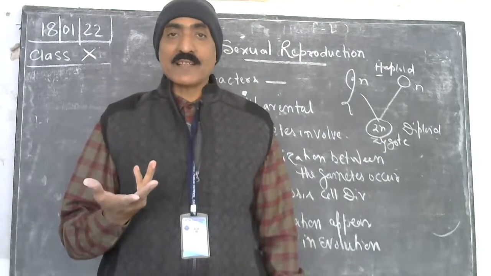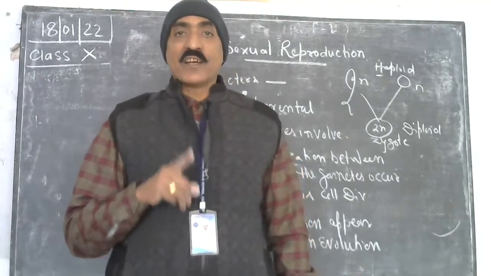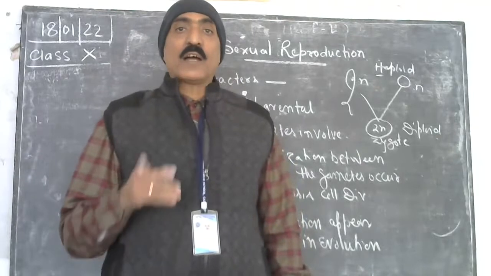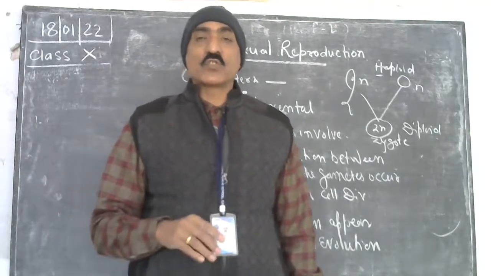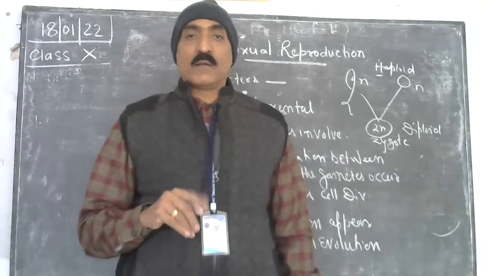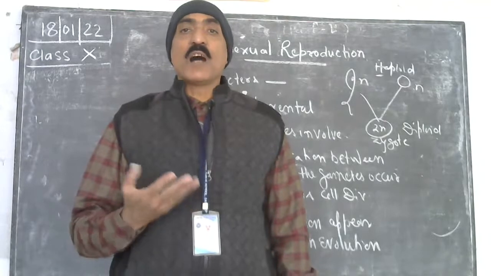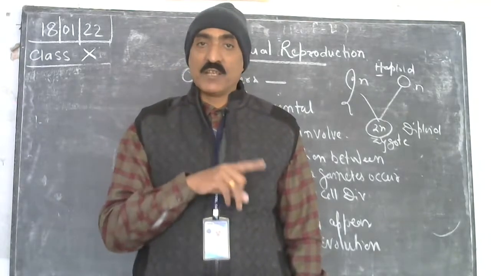Why is it called reductional division? Because after the division, the cell reduces its number of chromosomes. After meiosis, one cell divides into 4 daughter cells, but the number of chromosomes in each cell becomes half, and so this is called reductional cell division.